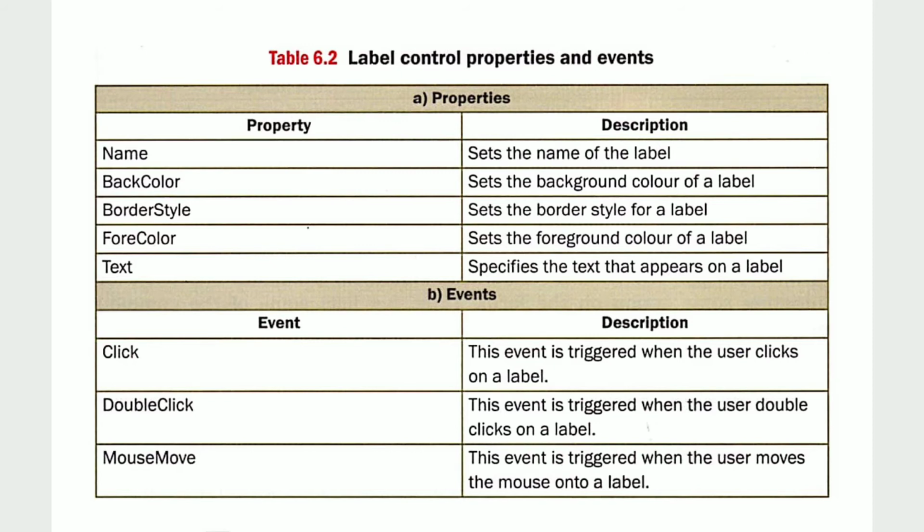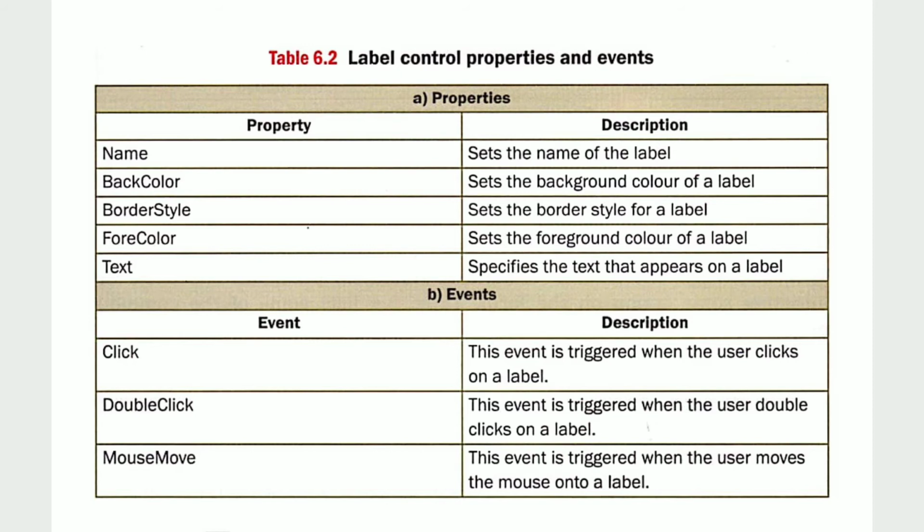Now let's talk about some of the events associated with label control. Some of the events associated with label control are click, double click, and mouse move. The click event is triggered when the user clicks on a label. When user clicks on a label, this event is activated.